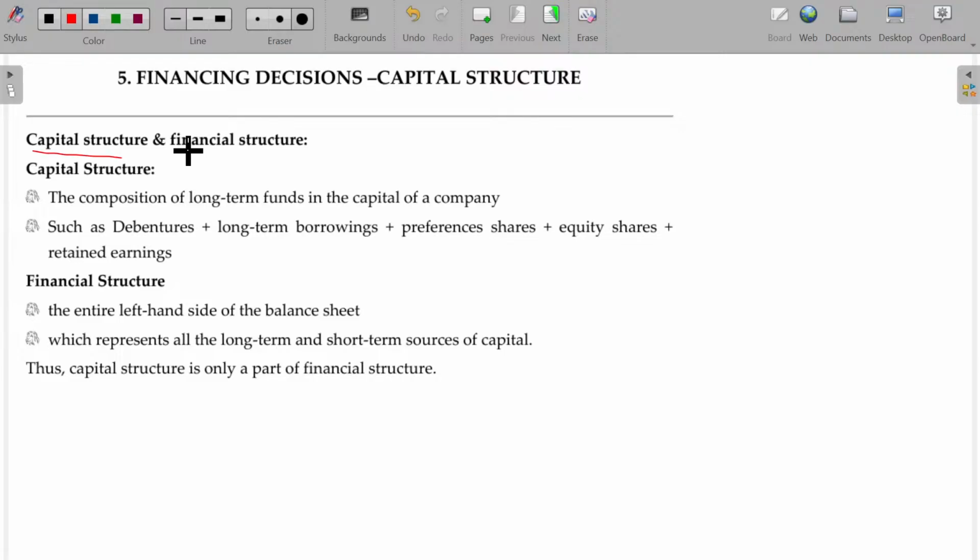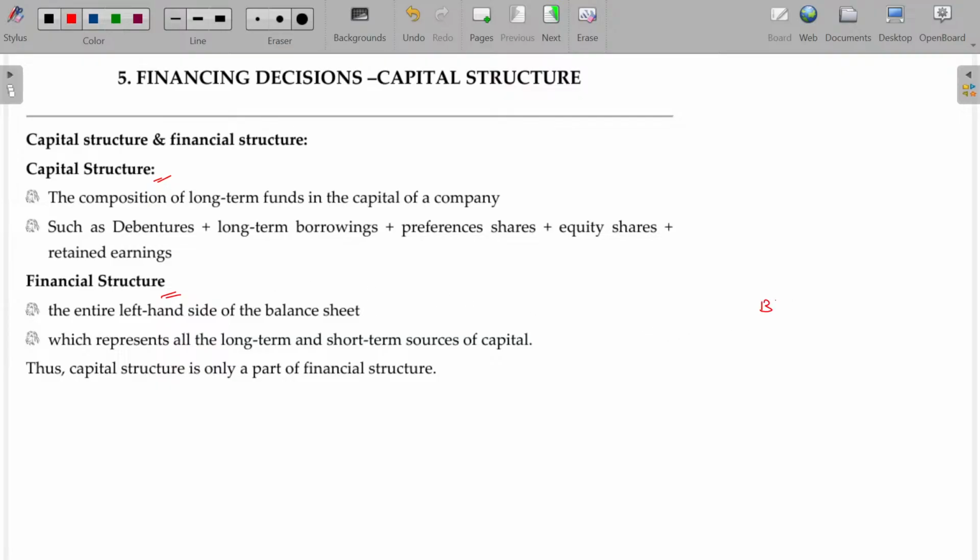Capital structure and financial structure. You have to understand the difference between these two first of all. Only the long-term finance will be considered in capital structure. In financial structure, you will consider all the left-hand side of the balance sheet, means liability side. Okay.